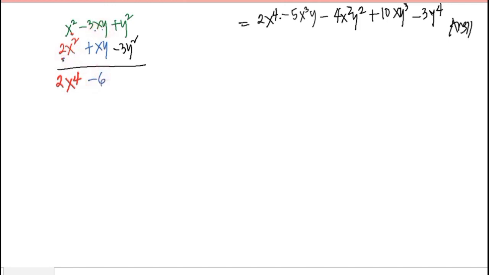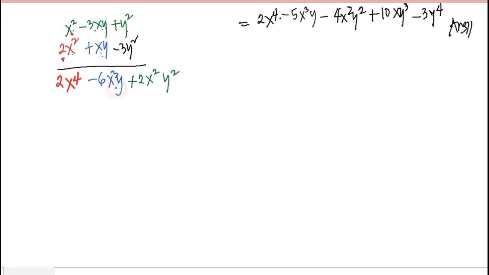X squared times x is x cubed. And we have here y. Next, we have 2x squared times y squared, so that's plus 2x squared y squared. And for this term here, we have xy times x squared, so that's x cubed y.